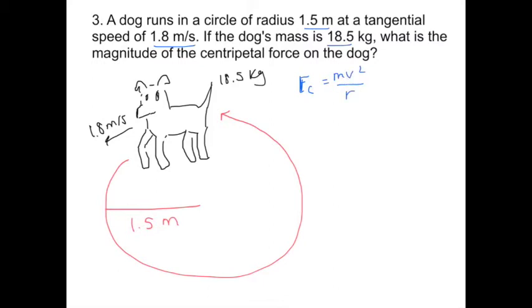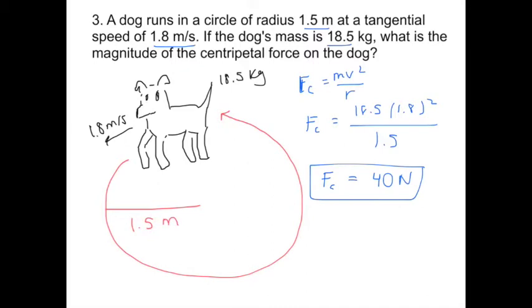Now we can plug in the numbers we have. We're looking for centripetal force. We know that the mass is 18.5 kilograms, and then the velocity is 1.8 meters per second. We'll be squaring that. And then in the denominator, we have 1.5. If I plug in all these numbers to the calculator, I get that the centripetal force on the dog is approximately 40 newtons. That's what's keeping the dog moving in a circle.